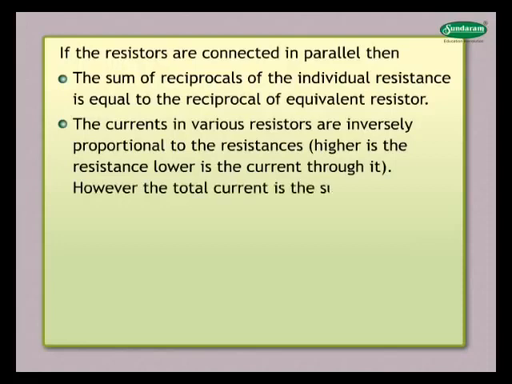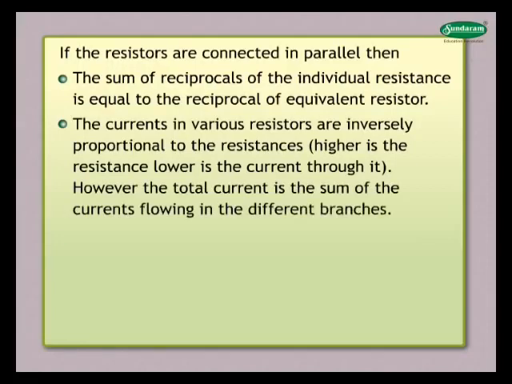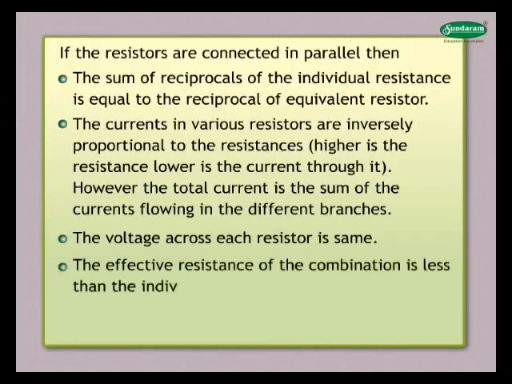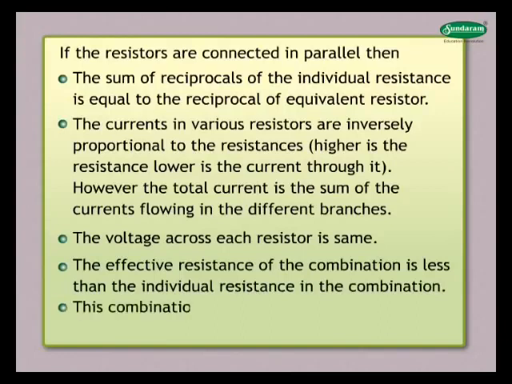However, the total current is the sum of the currents flowing in the different branches. The voltage across each resistor is the same. The effective resistance of the combination is less than the individual resistance in the combination. This combination is used to decrease resistance in the circuit.